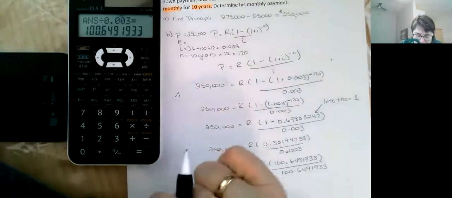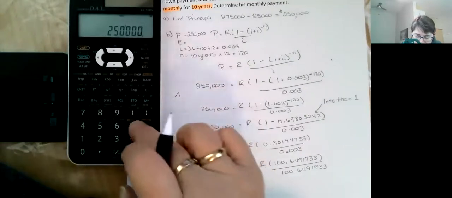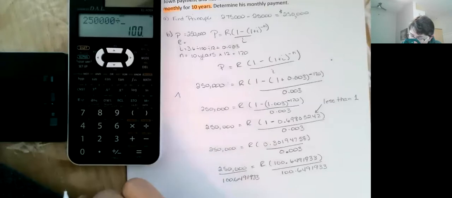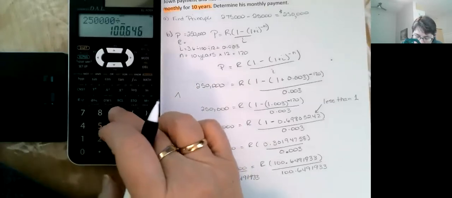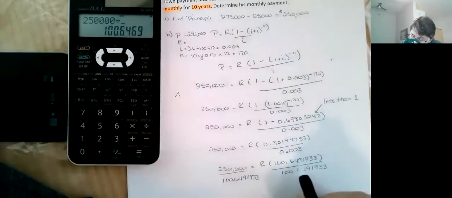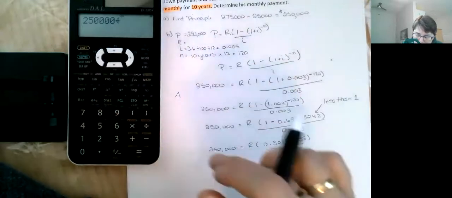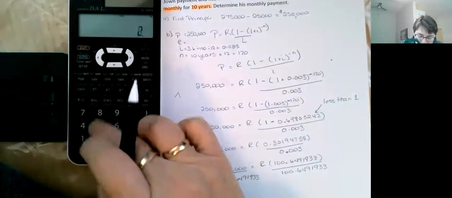All right, so I'll do it the way I said. 250,000 divided by 100.64664. That's why I hate doing this. No, start over.